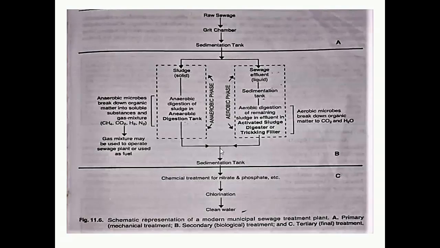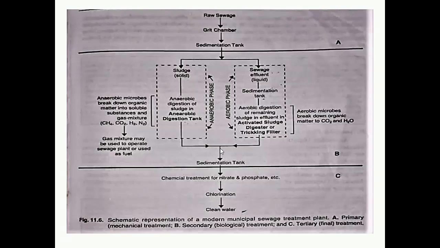The first step in the tertiary treatment process is the removal of nitrates and phosphates. The presence of nitrates and phosphates leads to algal growth in water bodies, which is nothing but eutrophication. Eutrophication is excess nutrients leading to the development of microorganisms, that is, algal growth.